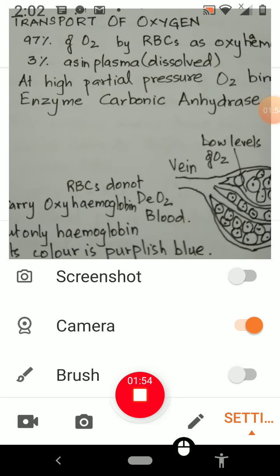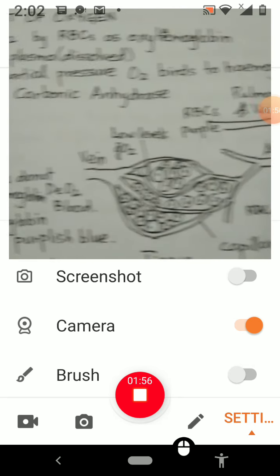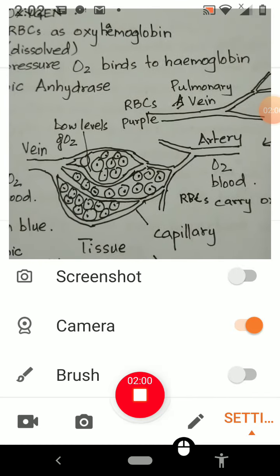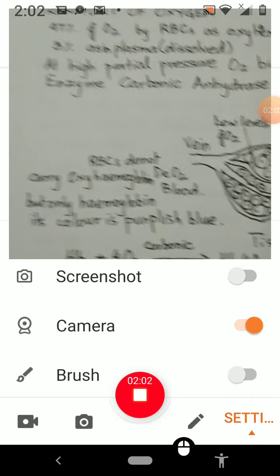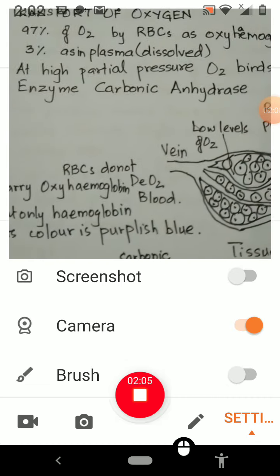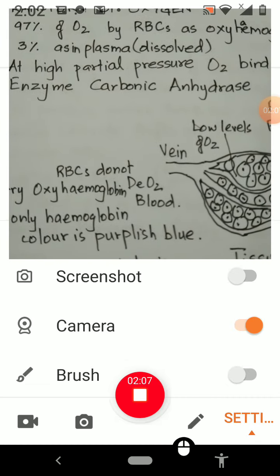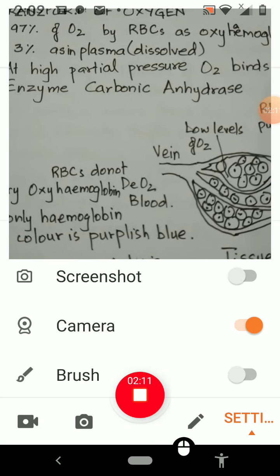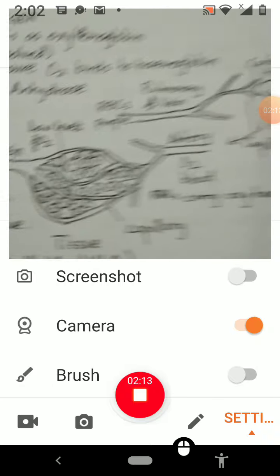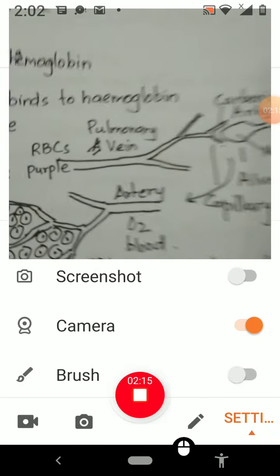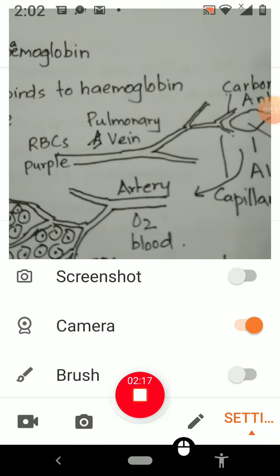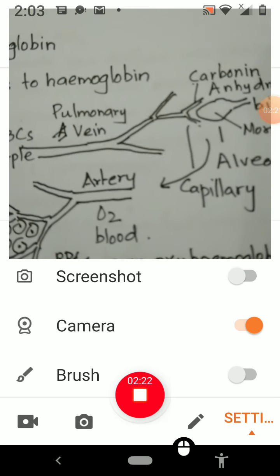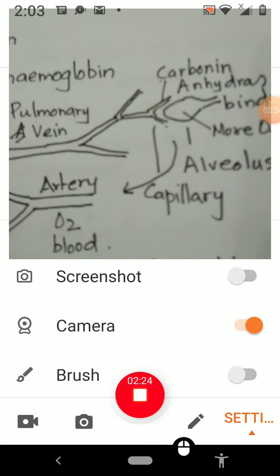At high partial pressure of oxygen, the hemoglobin readily binds with oxygen and converts to oxyhemoglobin. This reaction is carried out by the enzyme carbonic anhydrase. Now, when we look at the lungs, the pulmonary vein brings the blood to the alveoli, where it branches into a capillary network.